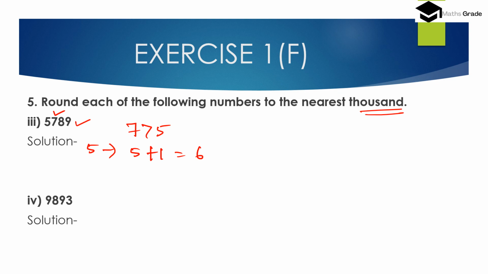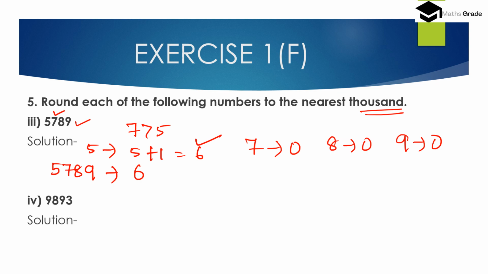And the 100 place digit 7 changes to 0, the tens place digit 8 changes to 0 and the unit place digit 9 changes to 0. Now 5789 rounded to the nearest 1000 will be 6, then 0, 0, 0, that is 6000. So 5789 rounded to the nearest 1000 is 6000.